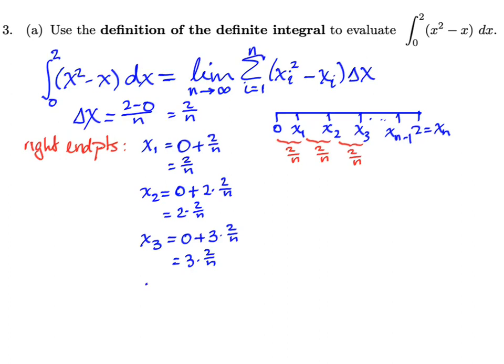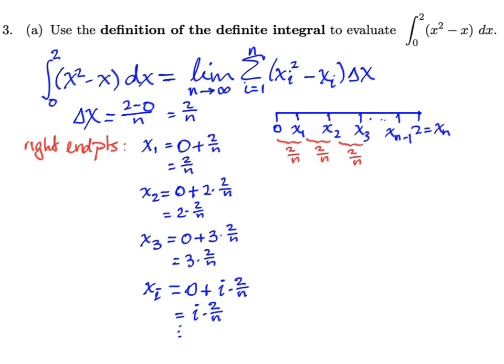So we can tell that the ith right endpoint is going to be 0 plus i times 2 over n, or just i times 2 over n. And just to make sure this works, let's see what the nth right endpoint would be.